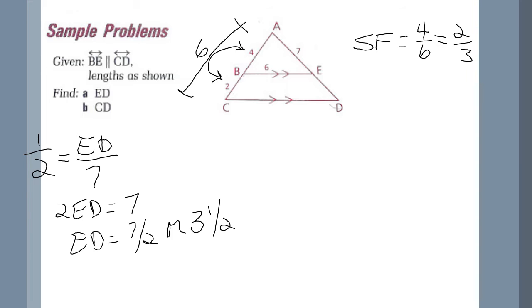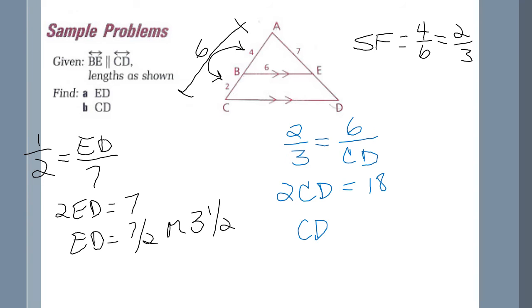Now we can set this up going smaller to larger, because that's what we have on the scale factor: 2 over 3 equals 6 over CD. So we can cross multiply now. 2 times CD equals 18. CD is equal to 9.